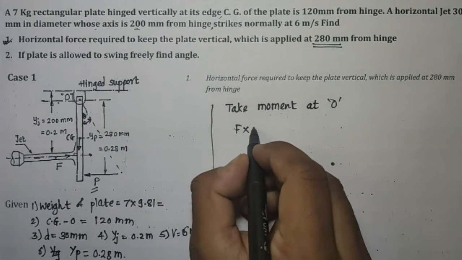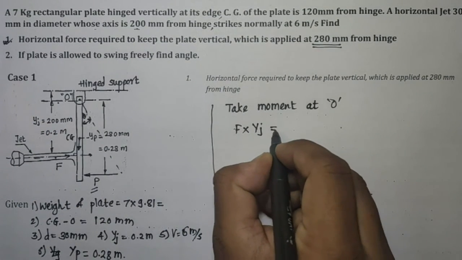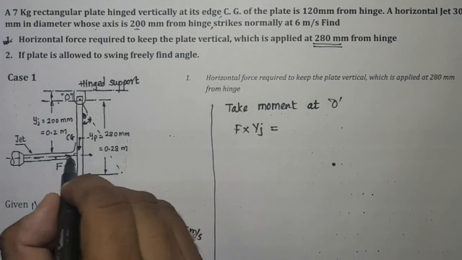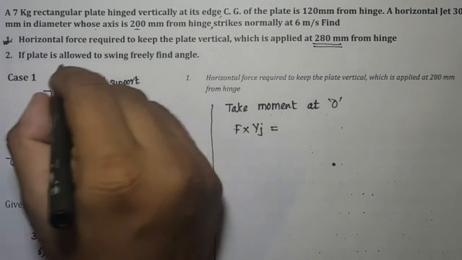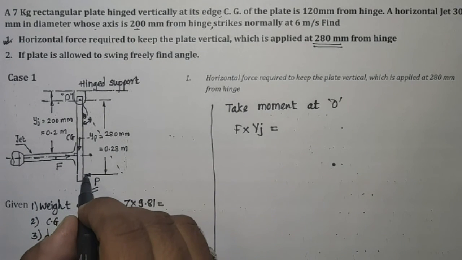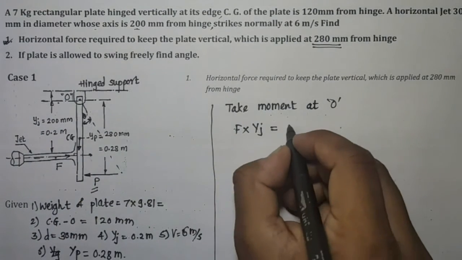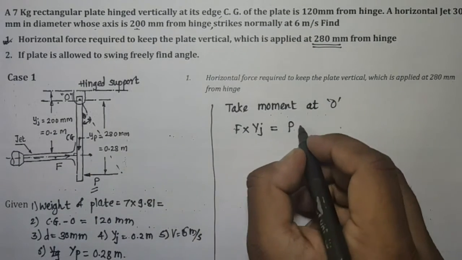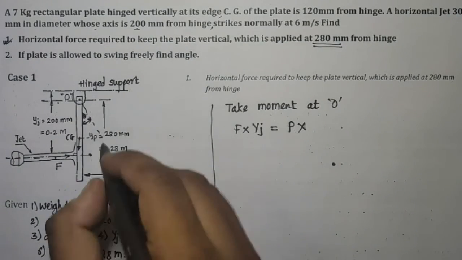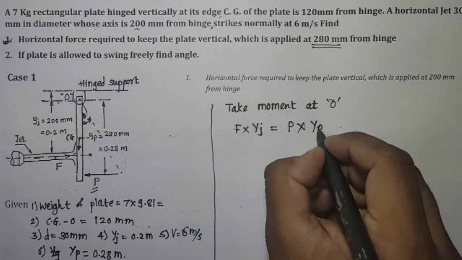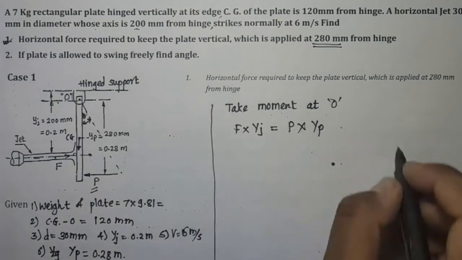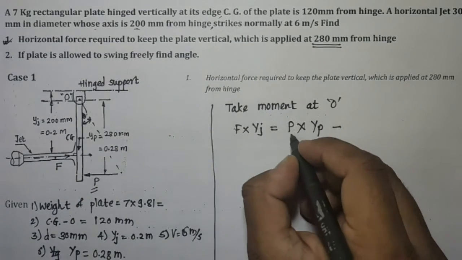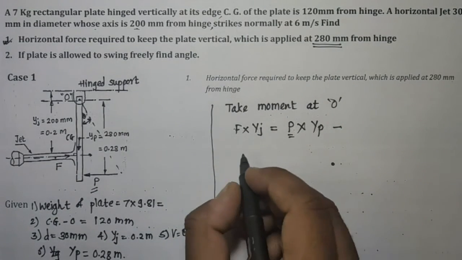So F into the perpendicular distance yj, if anticlockwise is considered positive, then the moment by force P is in the clockwise direction, so by the equal sign the negative becomes positive: P into the perpendicular distance yp. This is the governing equation to find the force P. But for that sake, first of all we have to find F.